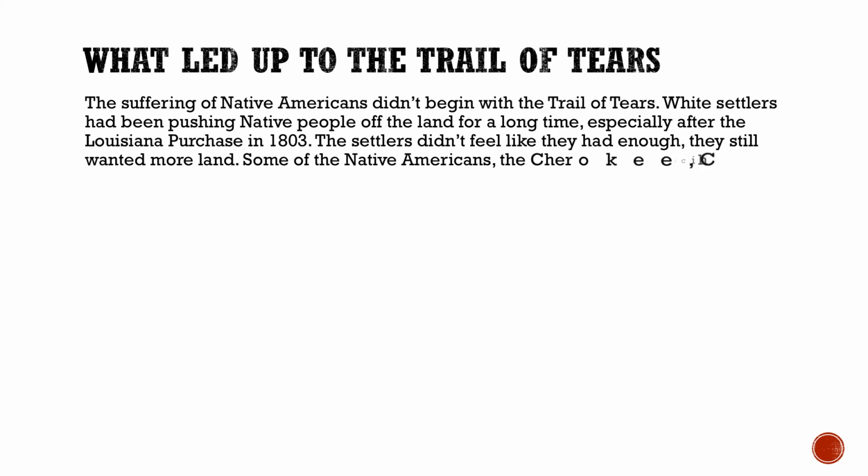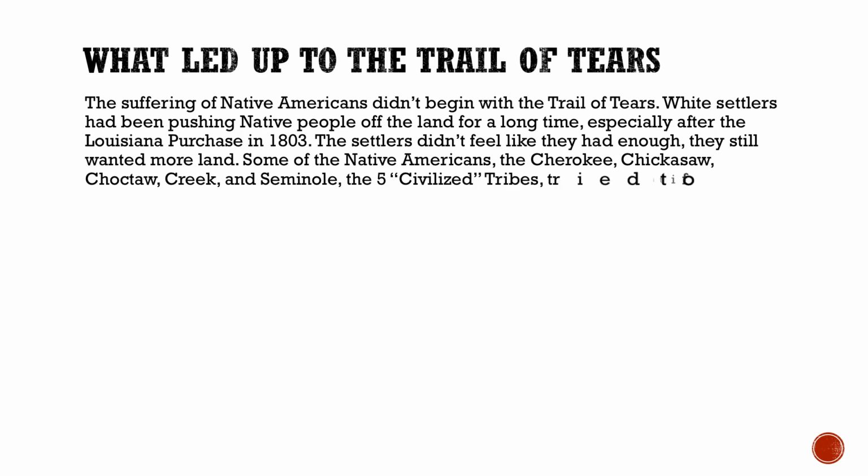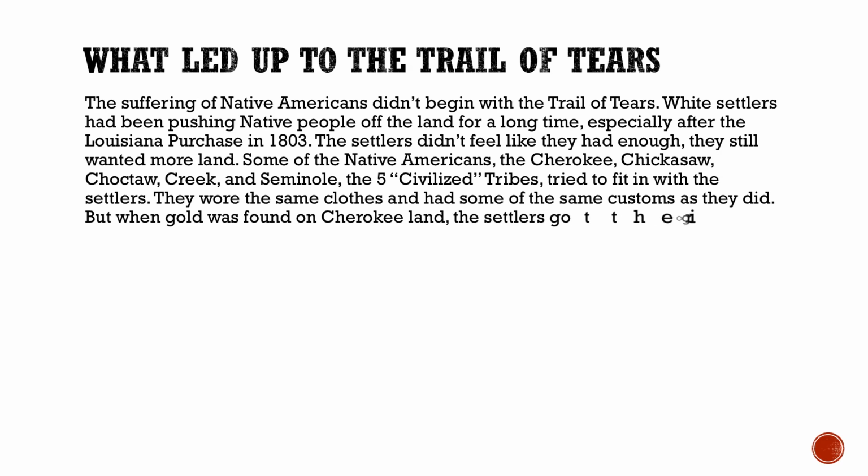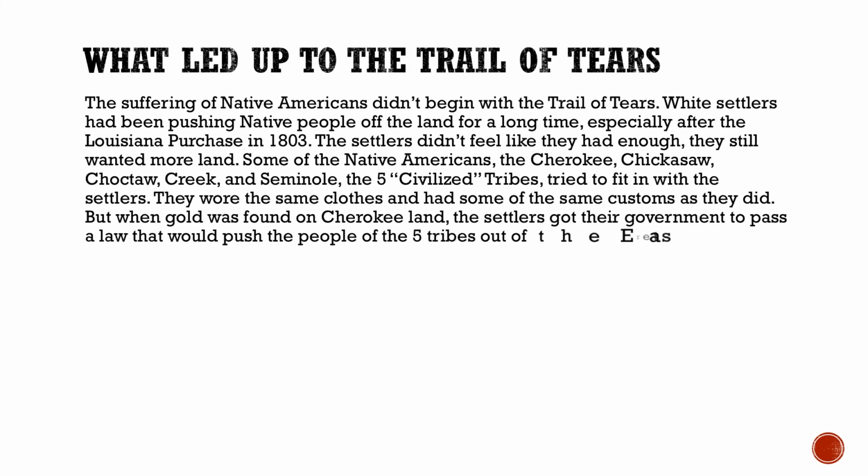Some of the Native Americans, the Cherokee, Chickasaw, Choctaw, Creek, and Seminole, the five, quote, civilized tribes, tried to fit in with the settlers. They wore the same clothes and had some of the same customs as they did. But when gold was found on Cherokee land, the settlers got their government to pass a law that would push the people of the five tribes off the eastern United States for good.